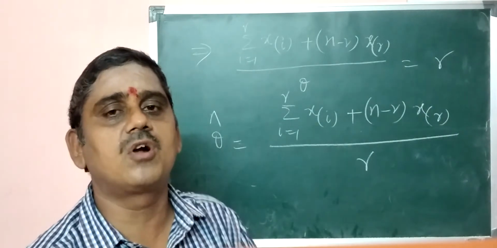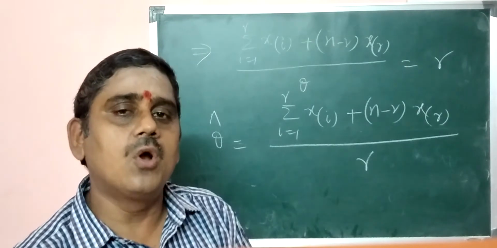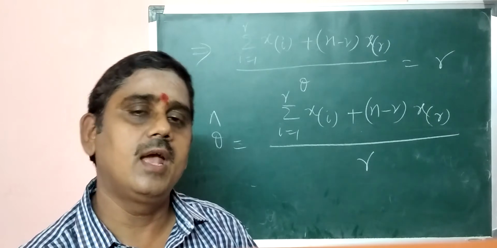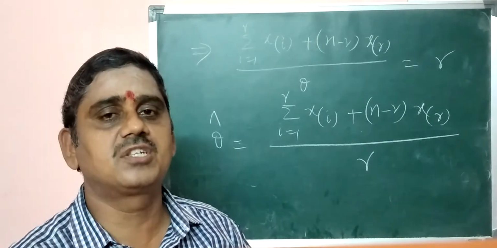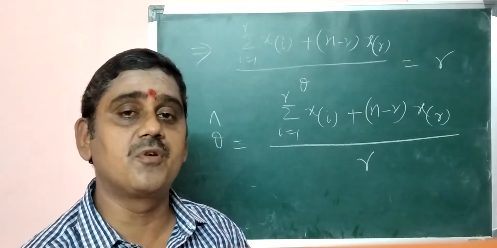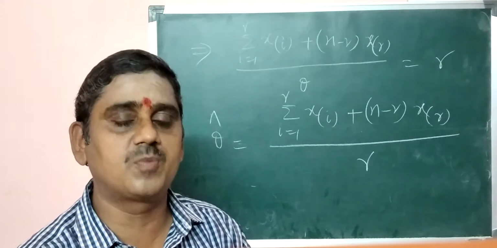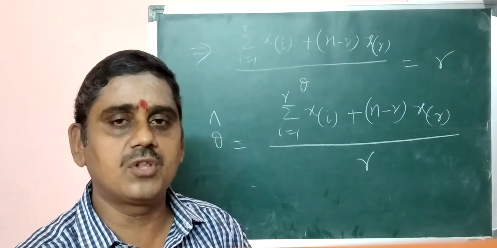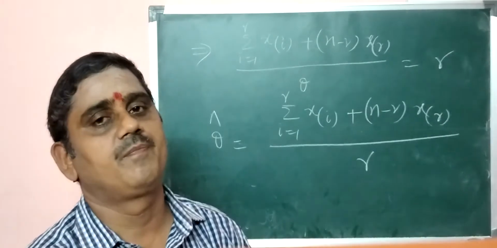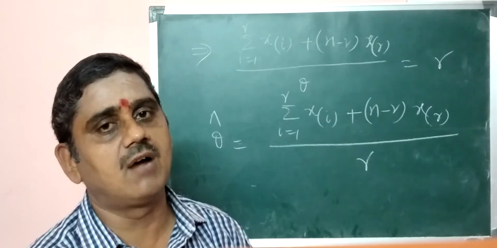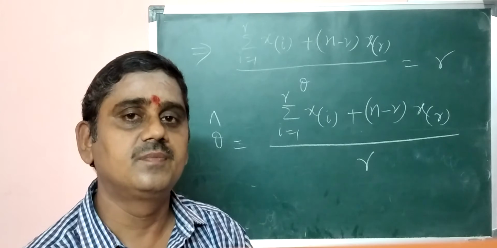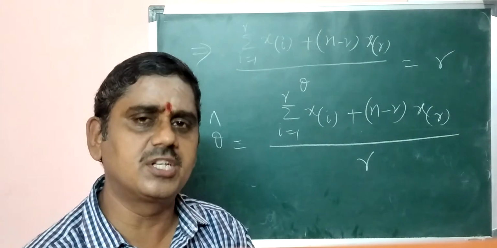In the reliability concept, if you want to identify or specify the distribution, the distribution is the exponential distribution. To know the nature of the exponential distribution, it is required to estimate the parameter theta first, which gives the entire concept of the distribution.